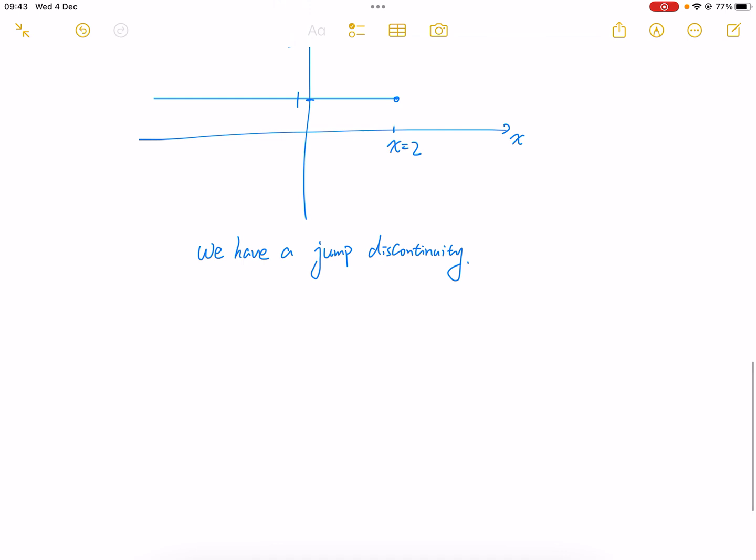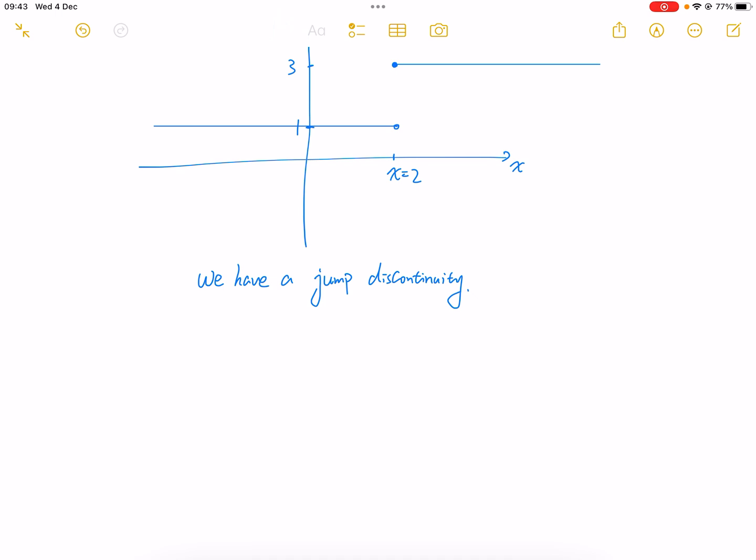In this case, the function has a jump at x equals 2 because the limit from the left is not equal to the limit from the right. This type of discontinuity is common in piecewise defined functions.